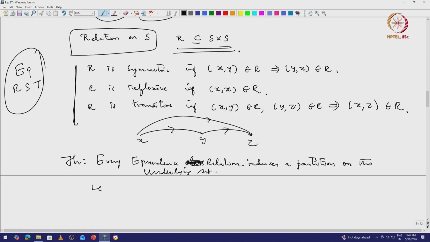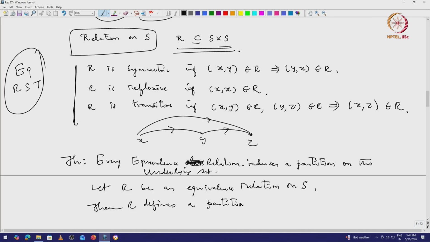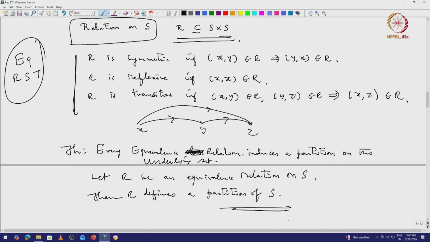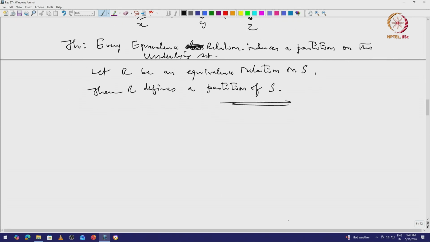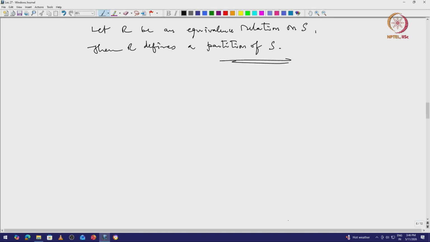That is, let R be an equivalence relation on S, then R defines a partition of S. So, what do you mean by a partition? Partition means, what is a K partition?